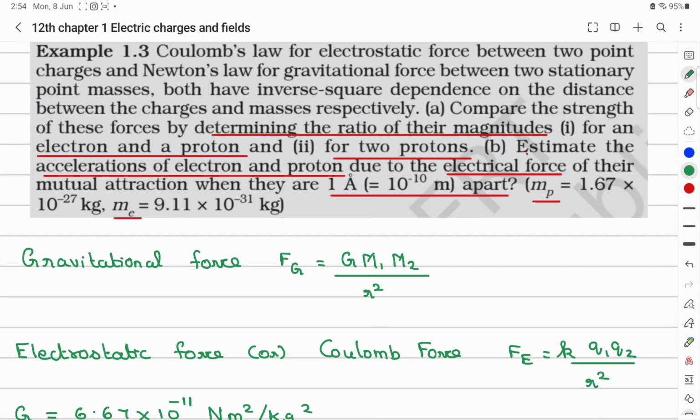And in second case, they are asking to estimate the acceleration of electron and proton due to the electric forces of their mutual attraction when they are 1 angstrom apart.